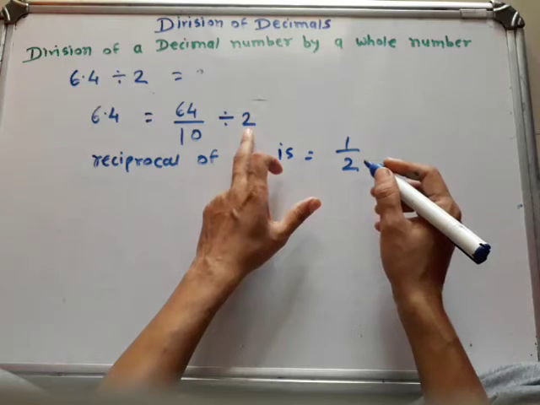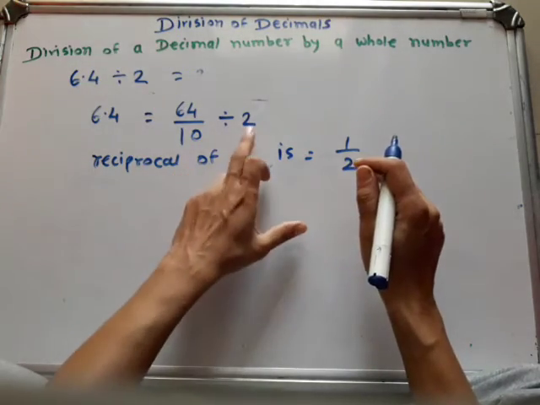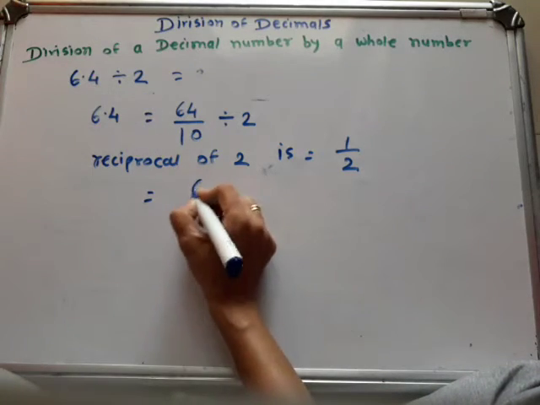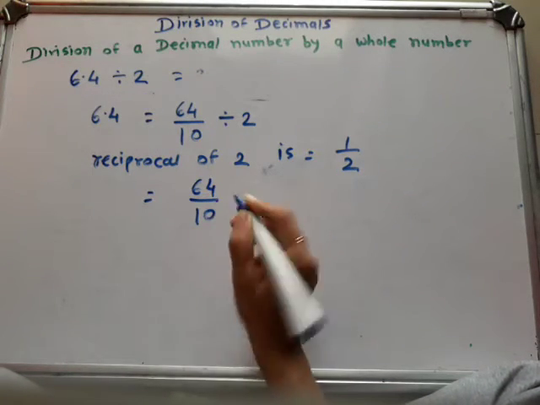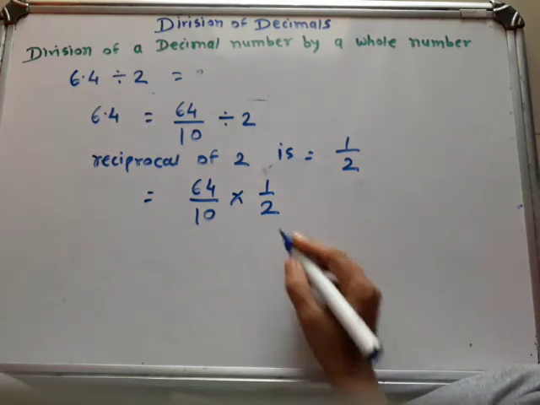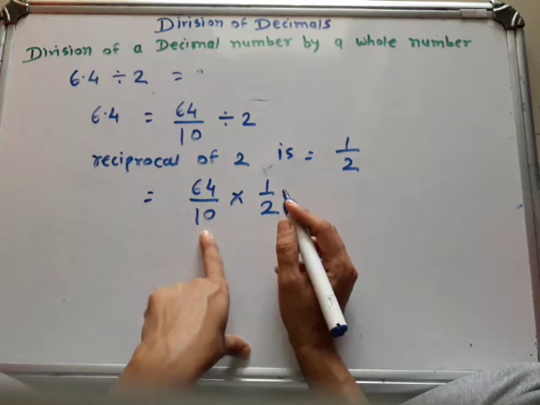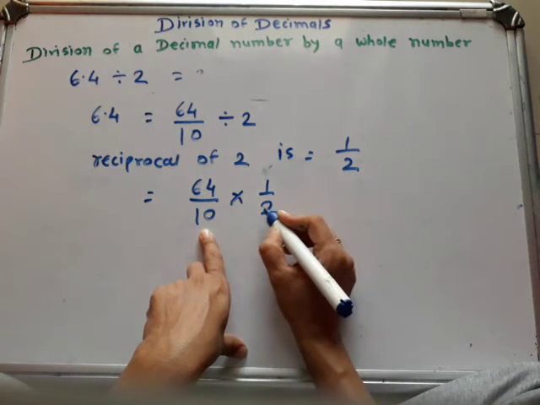We change the numerator and denominator. So what is your number? 64 divided by 10, times 1 by 2. Now you have to leave this 10 untouched. You have to put the 10 as it is. So we have to solve this.